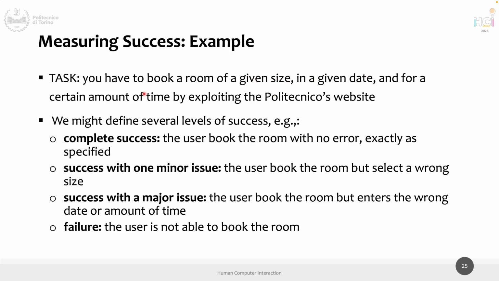I mean, if the size is wrong, people can maybe stand for a while, or if the room is too big, it doesn't matter, it will just fill half the room. But if you select the wrong date or the wrong amount of time, that will not be easy to solve. And the failure instead is the user is not able to book the room at all.